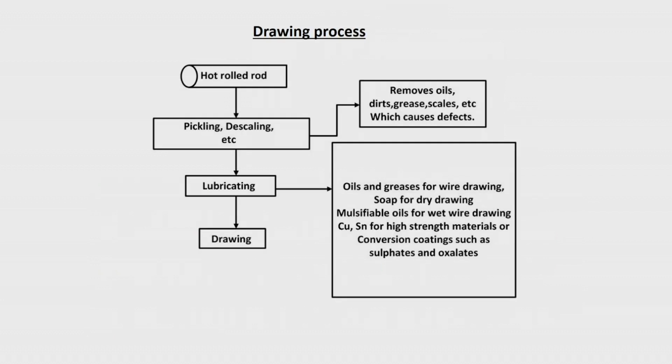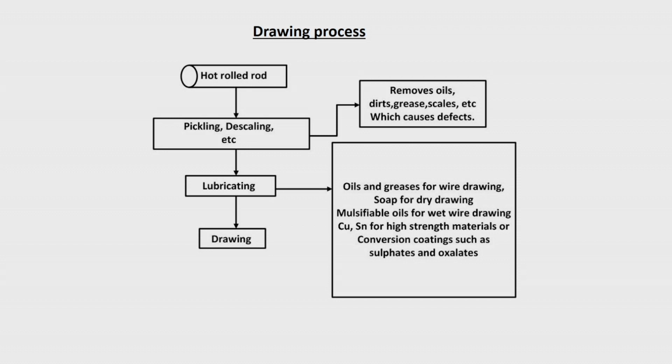Now if you look at the drawing process, the material you get is normally in the hot rolled form. Hot rolled means internal residual stresses are minimized and the material is soft. If it is cold rolled, the material will be work hardened and your drawing stress will be very large.